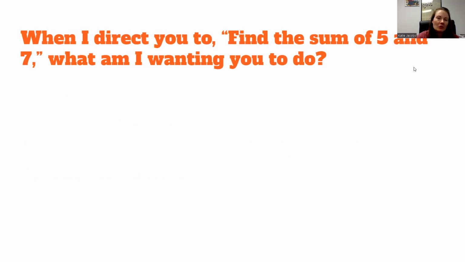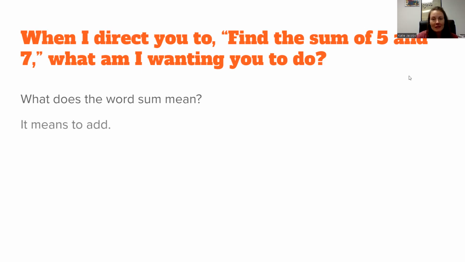So when I tell you or direct you to find the sum of 5 and 7, what am I telling you to do? If I say, hey, find the sum of 5 and 7, what do I want you to do? So in order to understand that sentence, you have to know what the word sum means. Okay, so what does the word sum mean? It means to add.